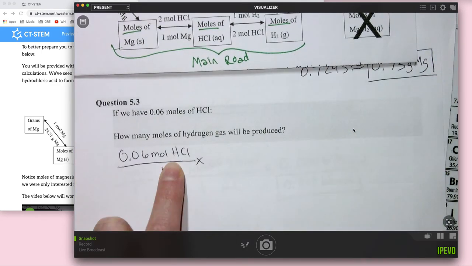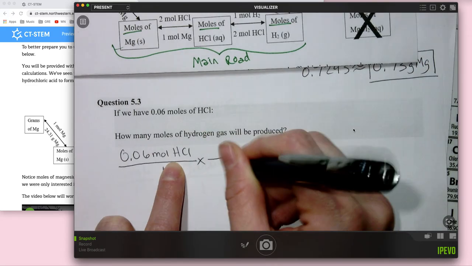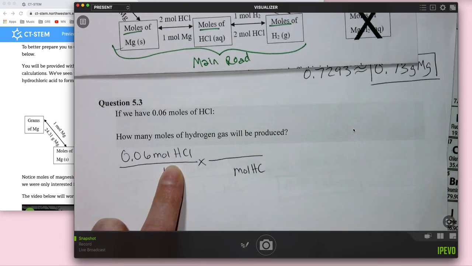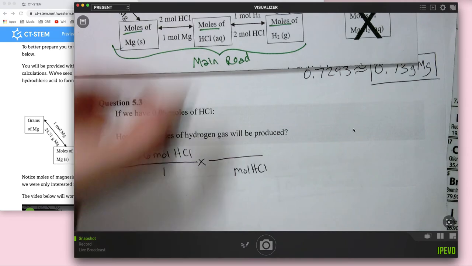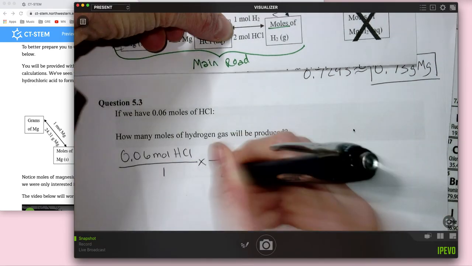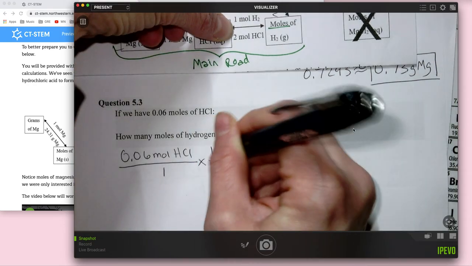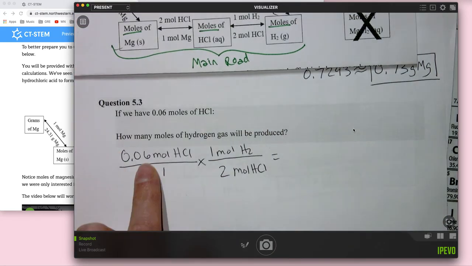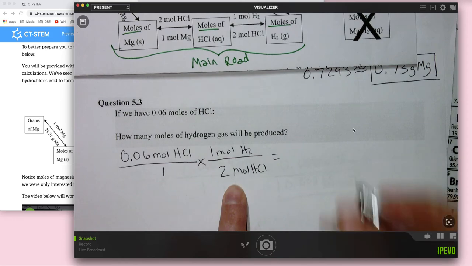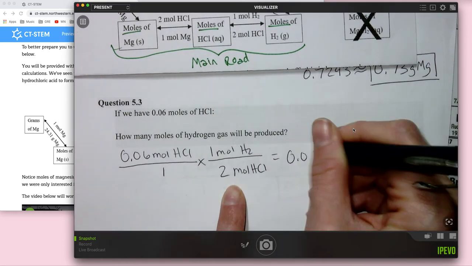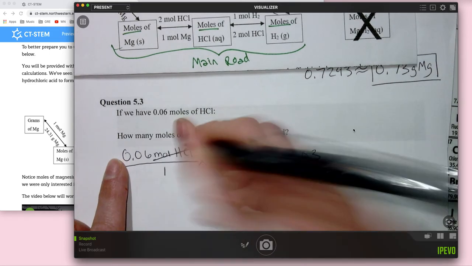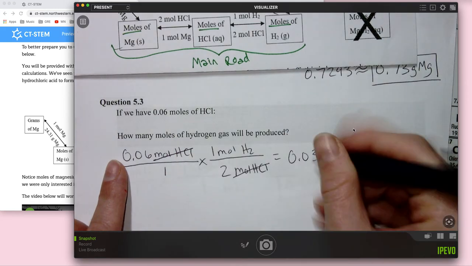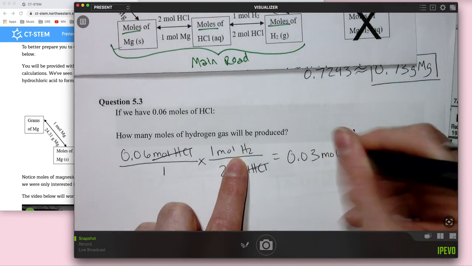Since mole of hydrochloric acid is at the top, I know that mole of hydrochloric acid goes at the bottom. So for every 2 moles of hydrochloric acid, I have 1 mole of hydrogen gas. And then 0.06 times 1 divided by 2 is 0.03. I can cancel mole of hydrochloric acid out, and I'm left with mole of hydrogen gas.